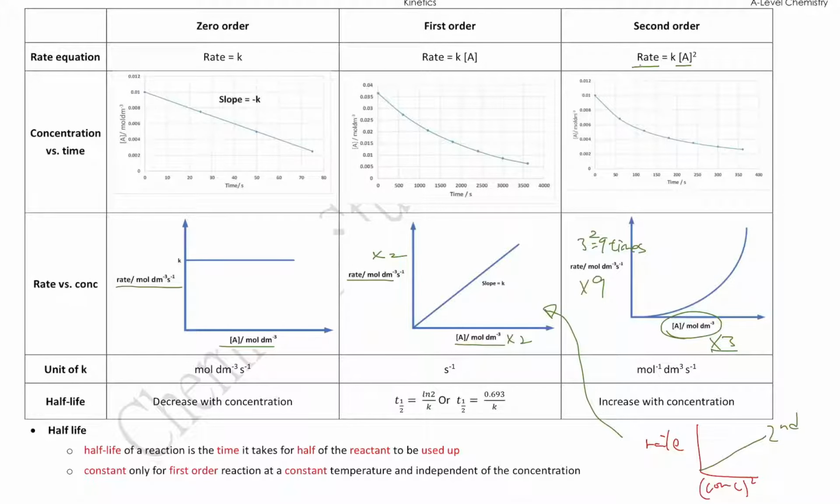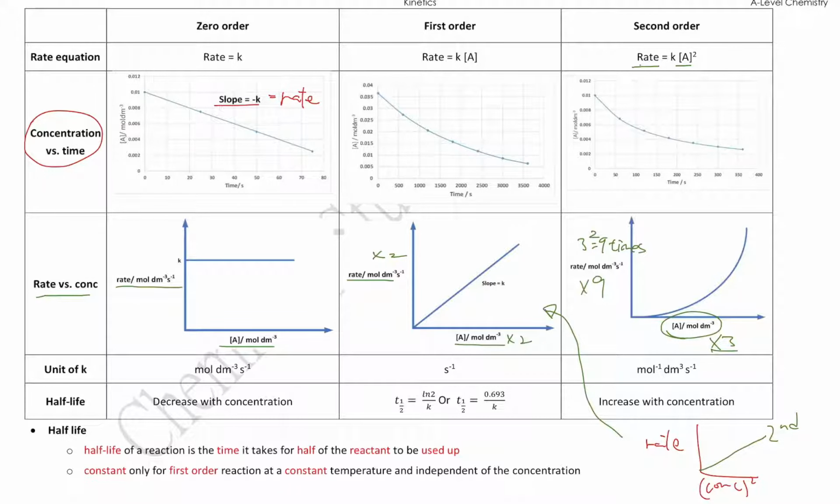So for rate against concentration, they will have different shapes, and you can easily identify whether it is zero, first or second. But other than the rate against concentration graph, you should have another one, which is concentration against time. Zero order is quite specific, because it is the only one that has a straight line graph for concentration against time. Here the rate is equal to the slope.